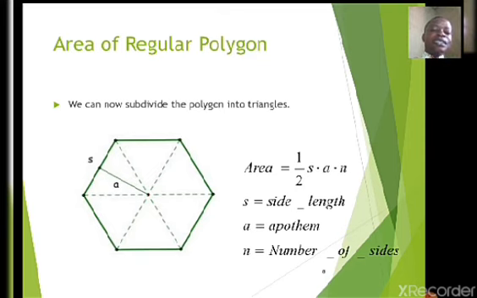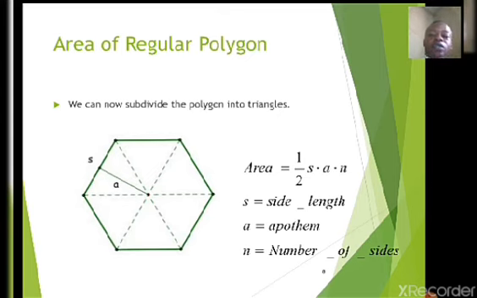But in this case, the area of the polygon will be half times the side times the apothem times the number of sides. Don't forget, x stands for side length, that is the measurement given to each side. y, the apothem, is the distance from the center of the polygon to the side of the polygon. And n tells us how many sides such a polygon has.